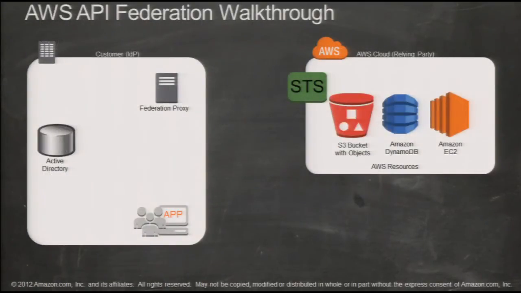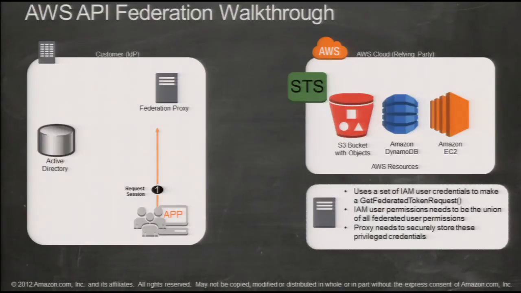The way this works is a user logs into their application. In this case, it's just going to be a simple command line application, and it hits the proxy server. Now, the proxy server needs a set of long-term credentials to request the session. The way that federated sessions work is when you request the session, it inherits or derives the permissions from the IAM user.